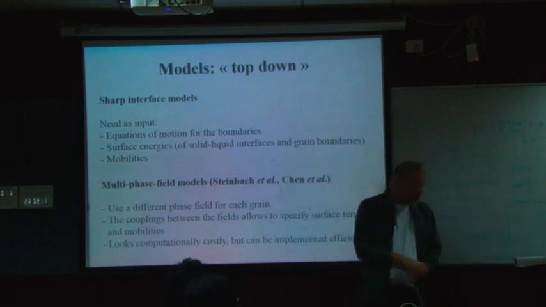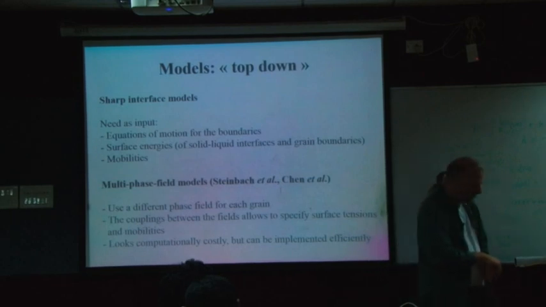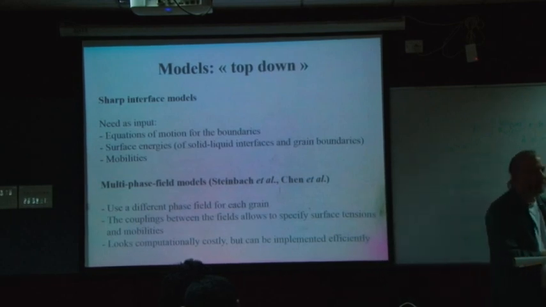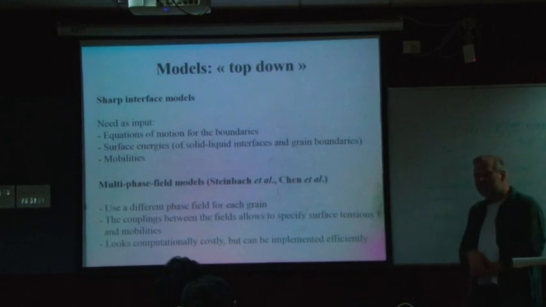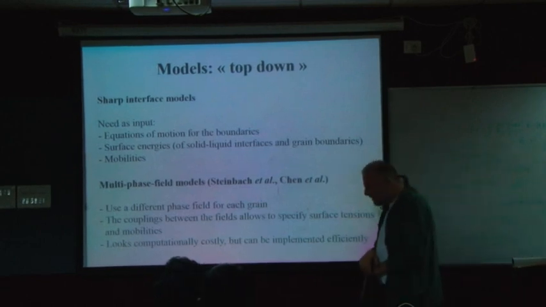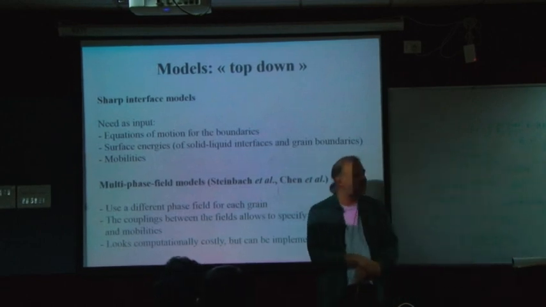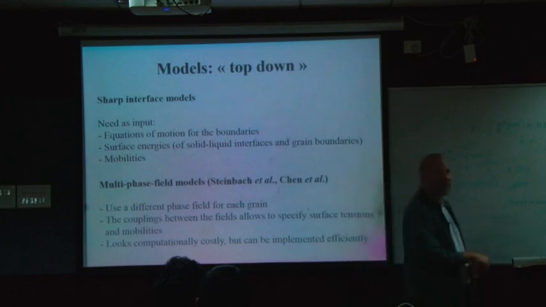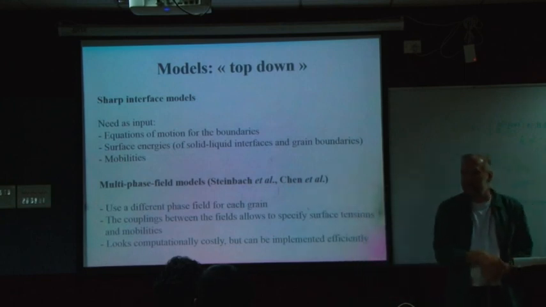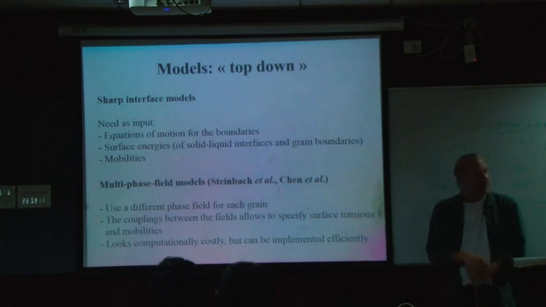So what's the disadvantage of this is, well, of course you need to know all the grain boundary energies as a function of misorientation. And also if you want to do a serious grain structure, like say 10,000 grains, you need 10,000 phase fields. Now that sounds heavy. Well, it is heavy.